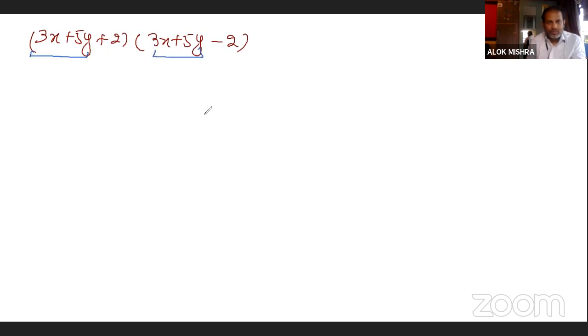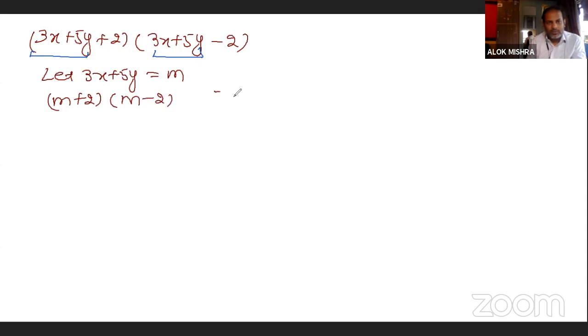So I'll be going ahead with the assumption that the first 2 terms, 3x plus 5y, equal some other variable. Let me write it as m. So this expression is m plus 2 and m minus 2.